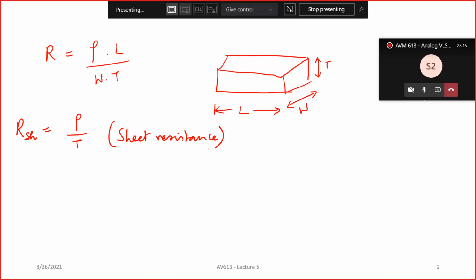So for example, in this 65 nanometer technology node, the metal 1 thickness is smaller, and metal 2, metal 3, metal 4, metal 5, metal 6 have the same thickness, and metal 7 has a larger thickness, and metal 8 has a really large thickness.